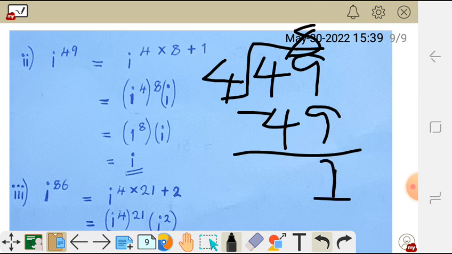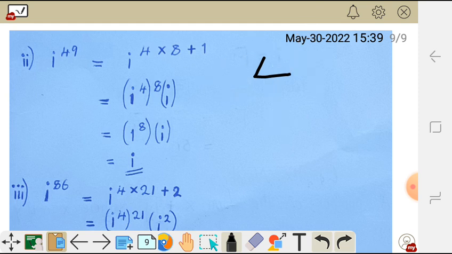So we are going to have a remainder 1 there. If you have a remainder, you simply add it. So it is going to be 4 times 8 plus that remainder, which is 1. So here we are going to have i to the power 4 multiplied by that 8 outside.